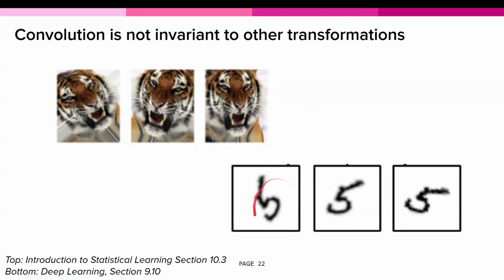And similarly, we would want to recognize this as a 5 regardless of if it has been rotated. But so far, all we've done with convolution is describe these linear operations, and by themselves, they're not going to provide enough expressive power to handle complex variations in visual data. We're restricted to characterizing an image based on these low-level features.